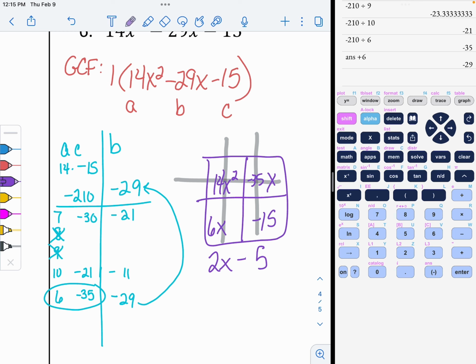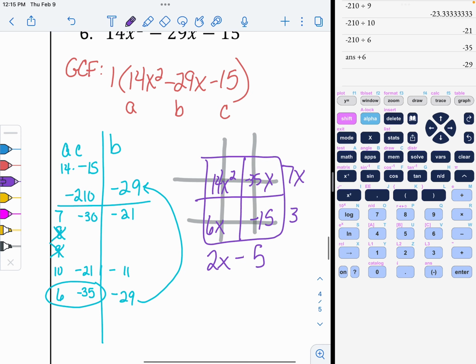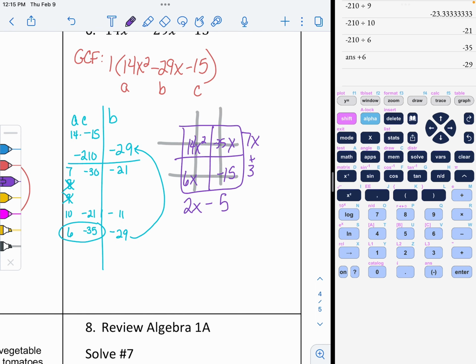GCF here, a 7 and an x. GCF here, a 3 and a positive. Final answer is my GCF, my first binomial, my second binomial, and remember, those could be switched. You could have the 7x plus 3 first. The keystones won't have the 1 in the front, and that is the end of that problem.